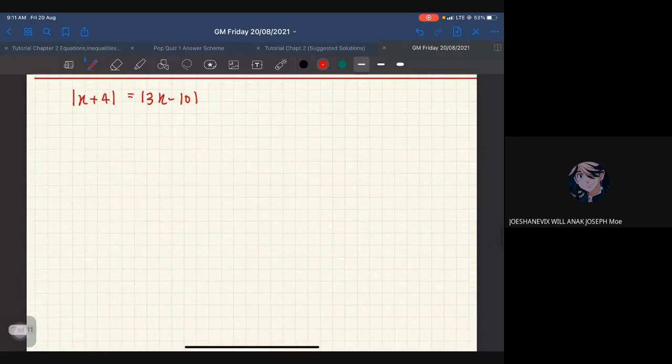So for this one we will use the second definition, where modulus of x is equal to the square root of x squared. So now it is the square root of (x plus 4) squared, equal to the square root of (3x minus 10) squared.